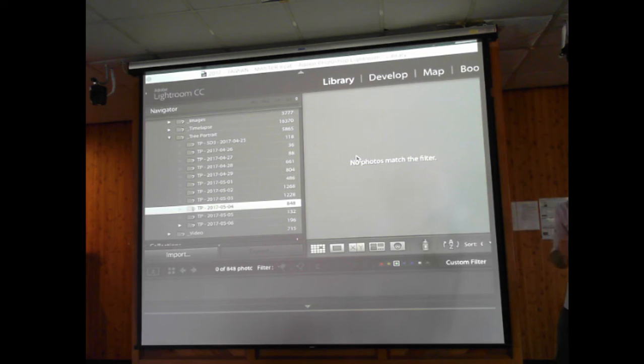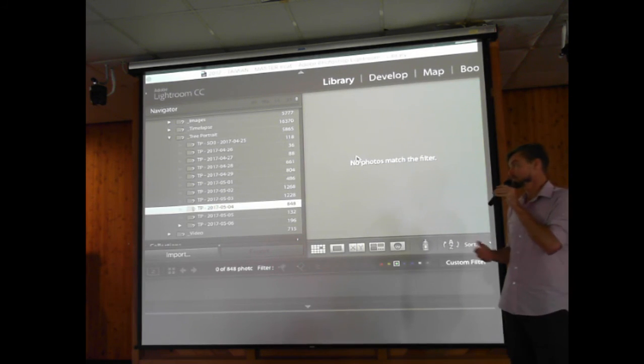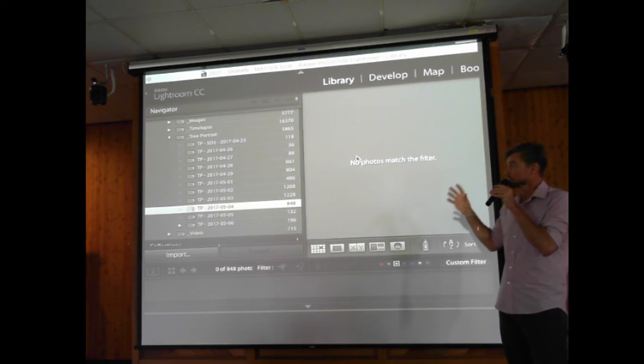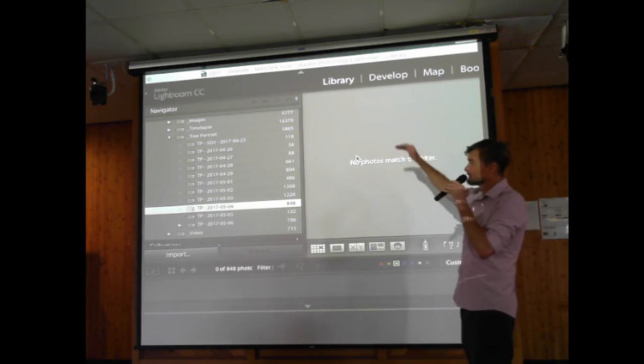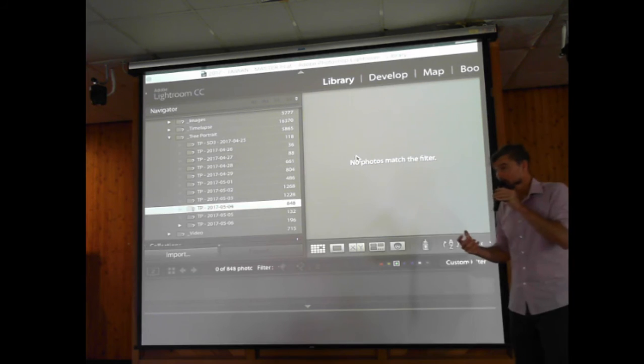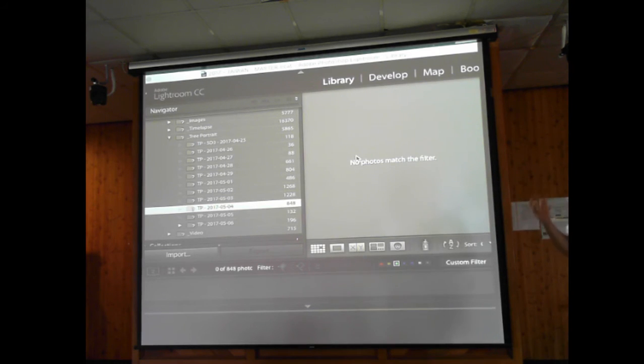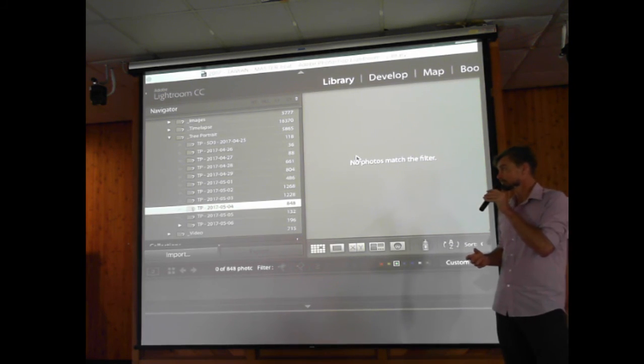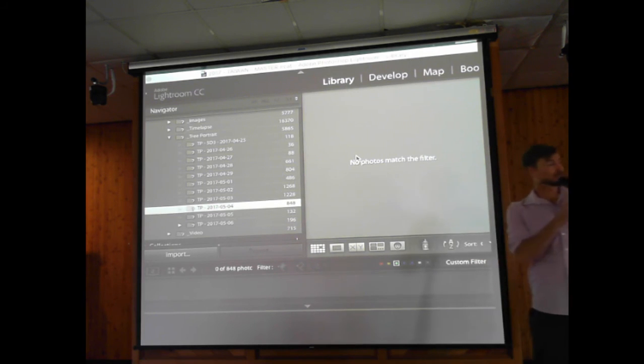A lot can happen in 10 minutes in Taiwanese mountain weather. So I'm going to have to combine different days at different times to try and produce that one image which portrays that entire weather event successfully. So fingers crossed it doesn't take too long.